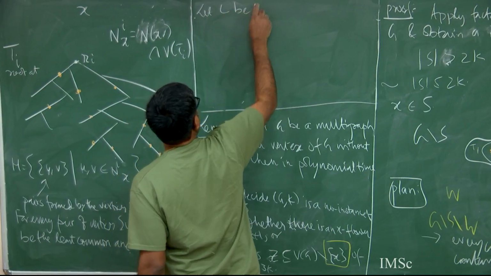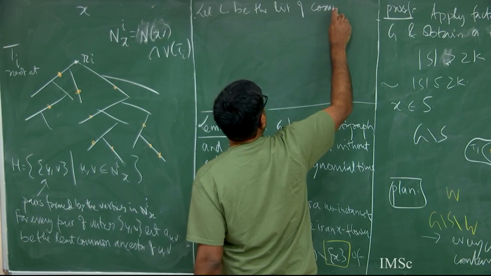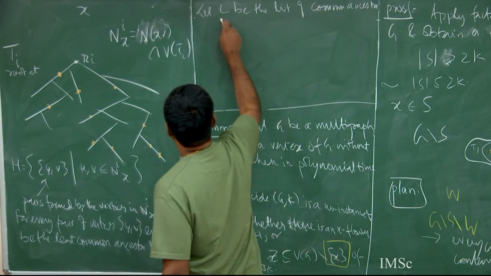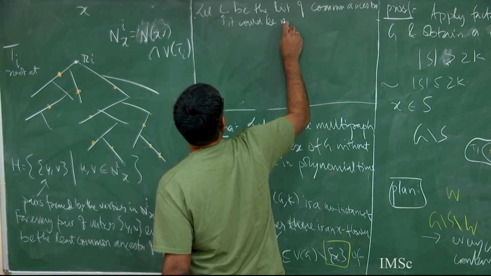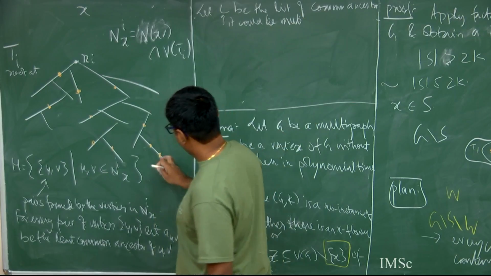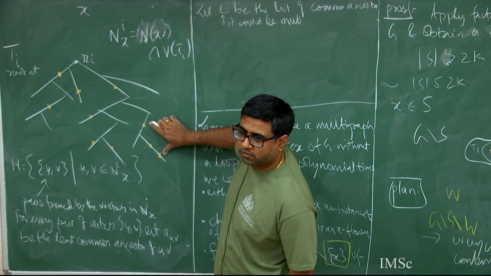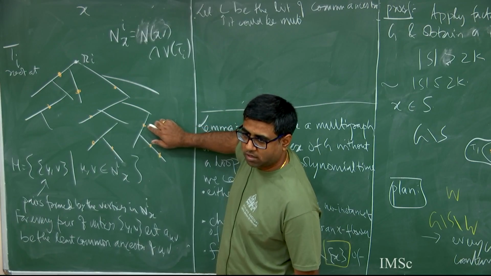Let L be the list of common ancestors. It could be a multi-list. How? Look at this pair. Which is your common ancestor? This guy. Look at this pair. This is the least common ancestor.